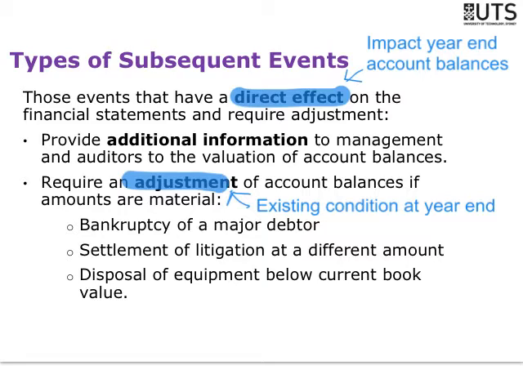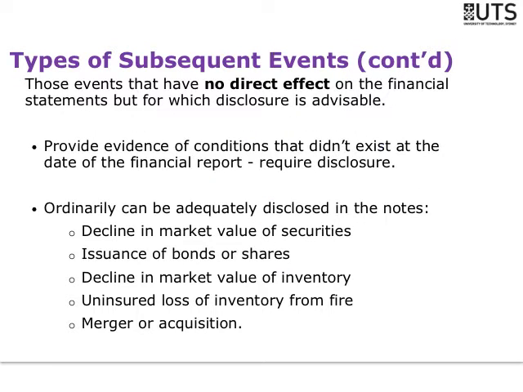So these are direct effect events subsequent to the year end. Then there are events that have no direct effect, meaning these are new conditions.